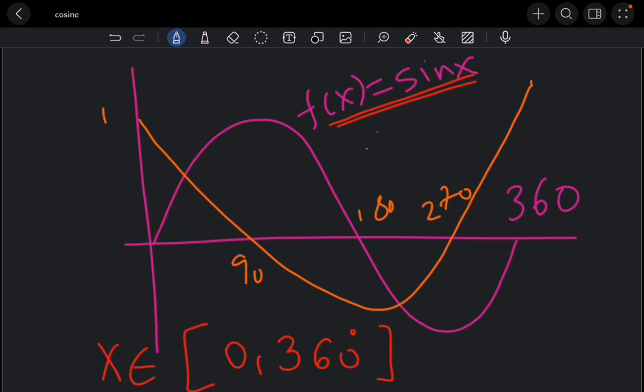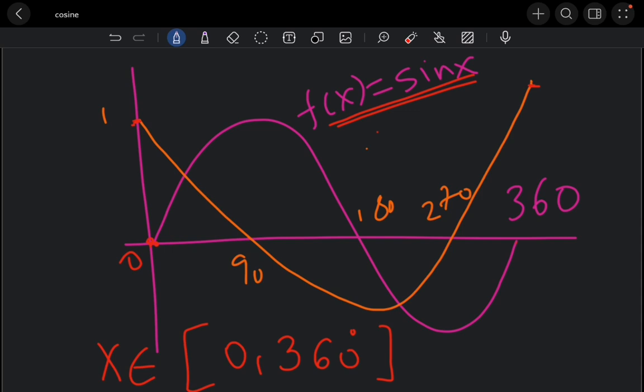Okay, and then the same applies for the cosine function. It starts at 0 and ends at 360. Domain is from where the function starts to where it ends. All of them are starting at 0 to 360, both of these functions for now, or if they're given in this way.